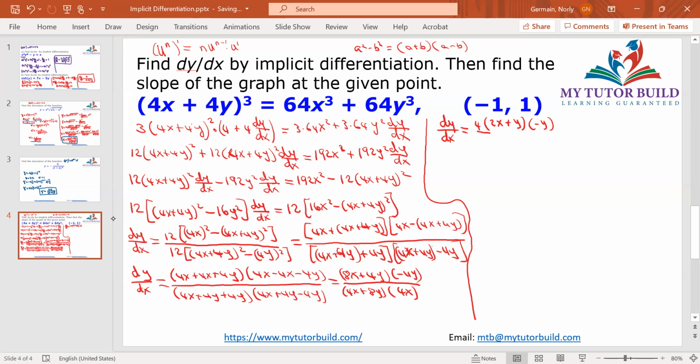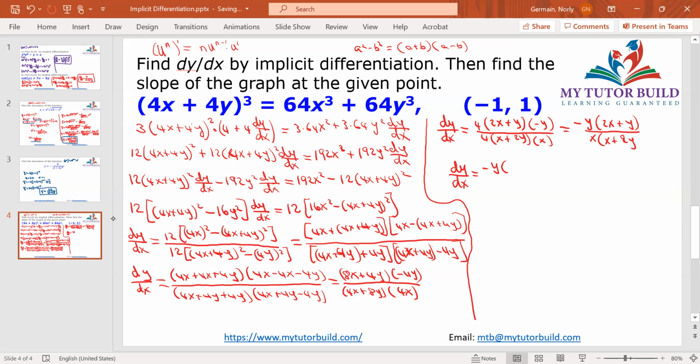And the bottom one, we also factor 4. So we have x plus 2y times x. Now, when we cancel out the 4, we have negative y times 2x plus y over x times x plus 2y. So our dy dx is equal to negative y.